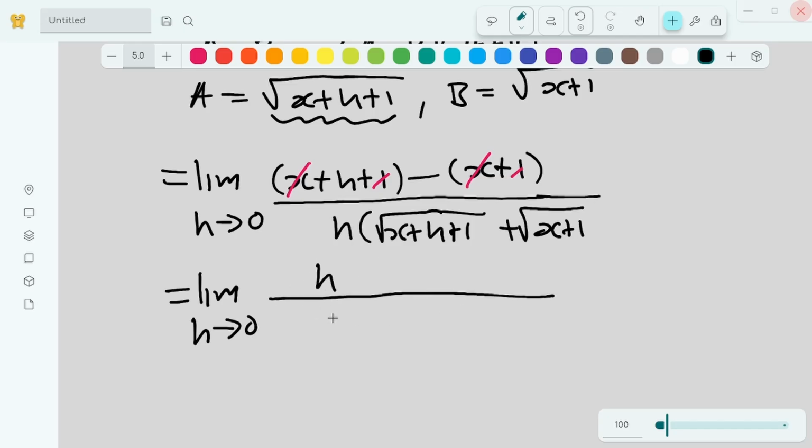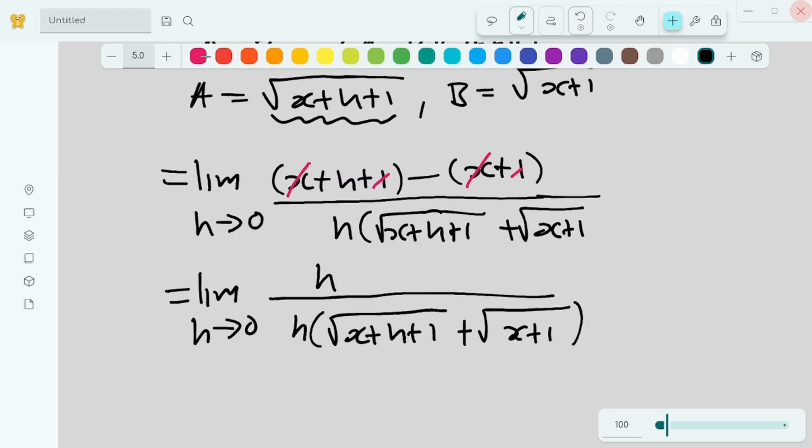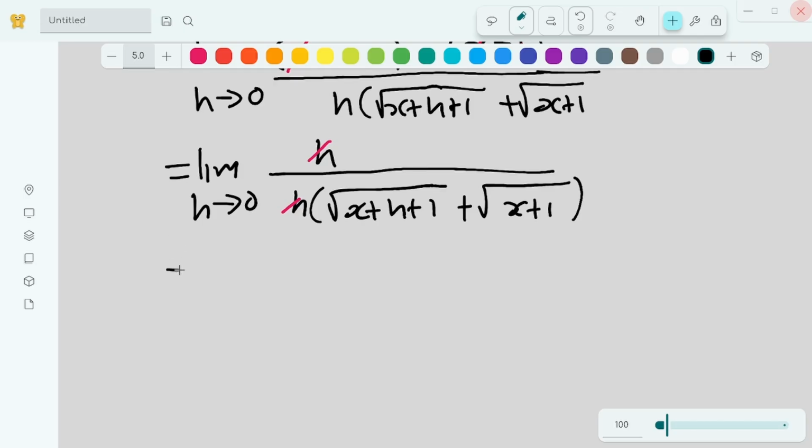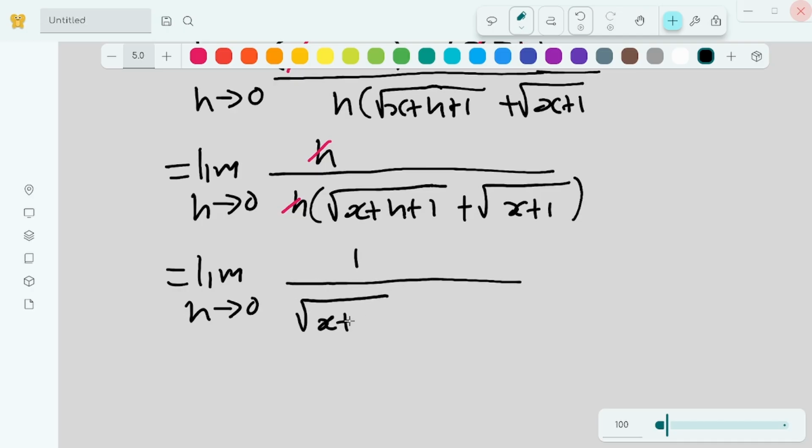We have this divided by h times the square root of x + h + 1 plus the square root of x + 1. From here we can divide the h out, and we remain with the limit as h goes to 0 of 1 over the square root of x + h + 1 plus the square root of x + 1.